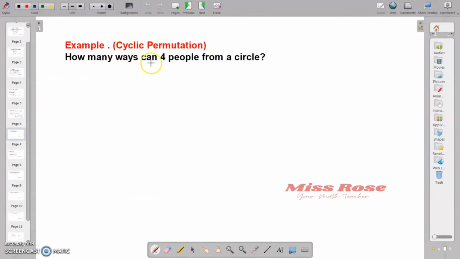So, in cyclic permutation, the arrangement is in a round. In how many ways can 4 people form a cycle? 4 people.